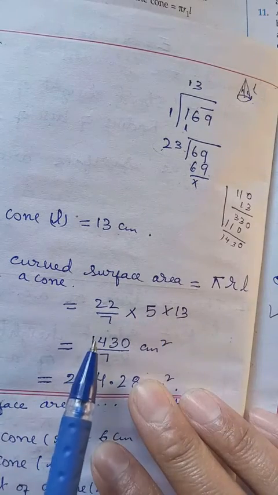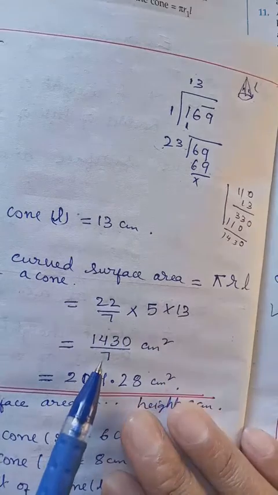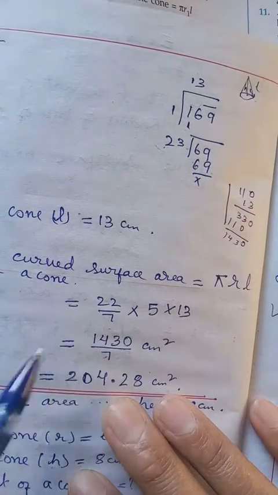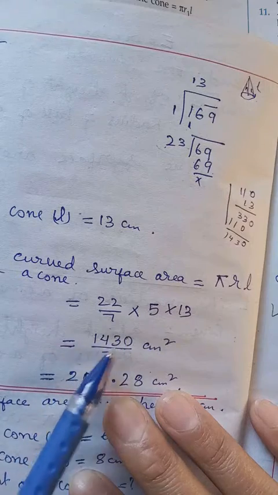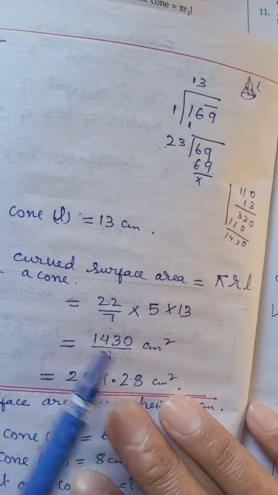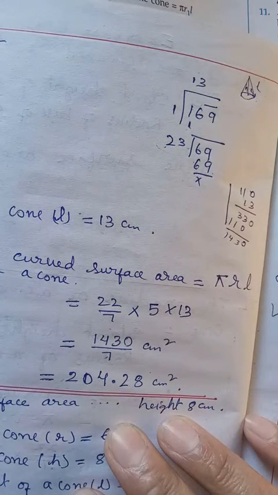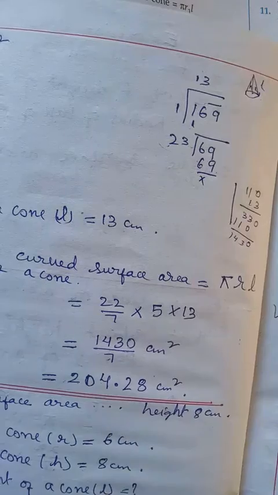After you multiply, you will get 1430. Then we have 7 down, let it remain. After that, we can divide: 7 into 14, 28. It is non-terminating, so we can take at least 2 numbers after the decimal. It's an area, so the unit will be centimeter square.